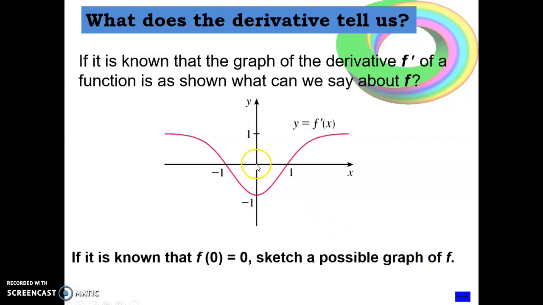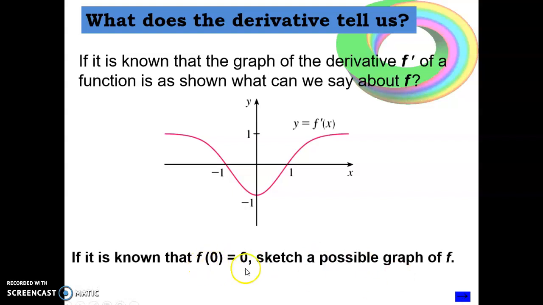I also see that the derivative is the most negative at x equals 0. This indicates a possible point of inflection in the original curve of f, because when something is decreasing the fastest, in other words, has the largest negative value, then we know that the curve must be decreasing the fastest.